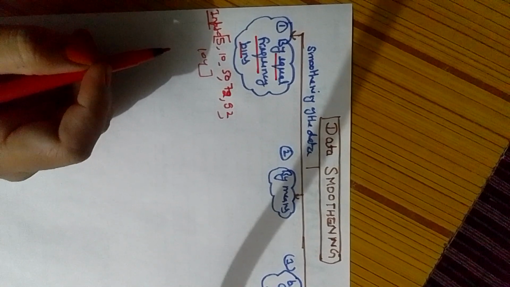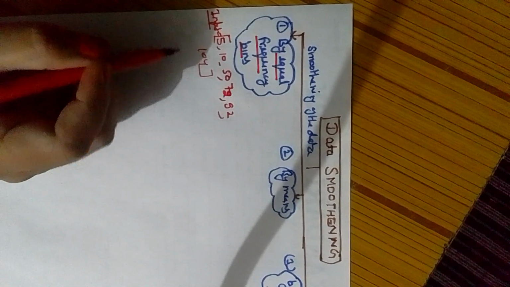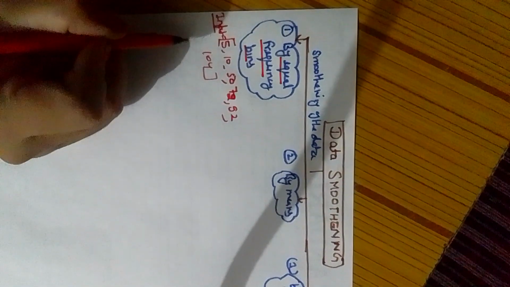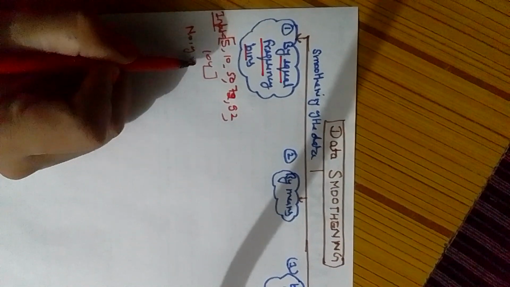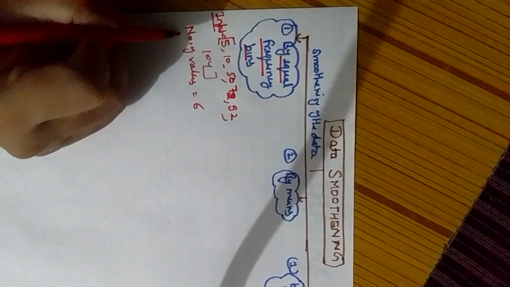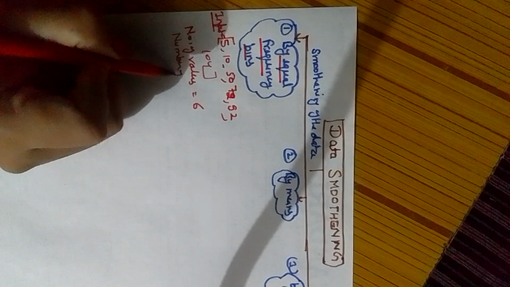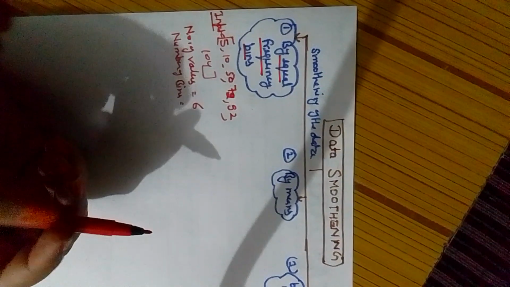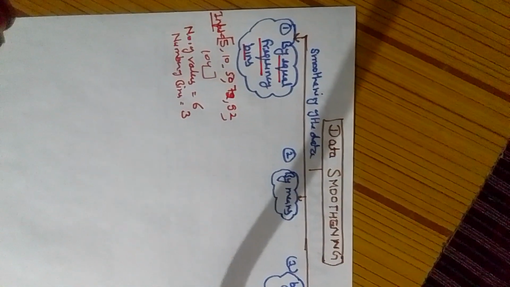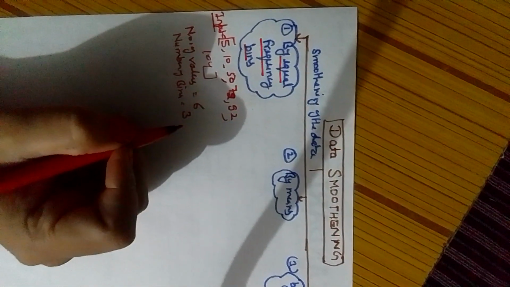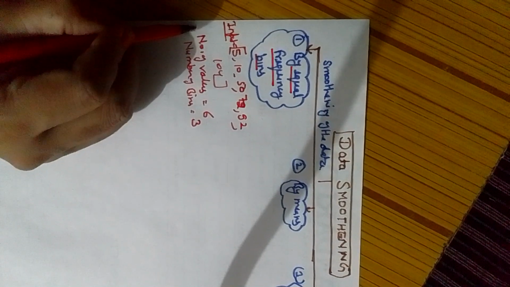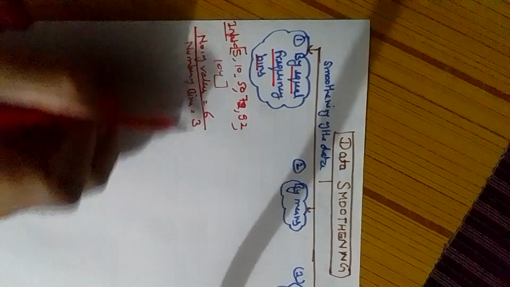we will calculate that the number of values are 1, 2, 3, 4, 5, 6. Number of values is 6. And the number of bins or buckets we will take as 3. If we take 3, it means we will divide the number of values by the number of bins.